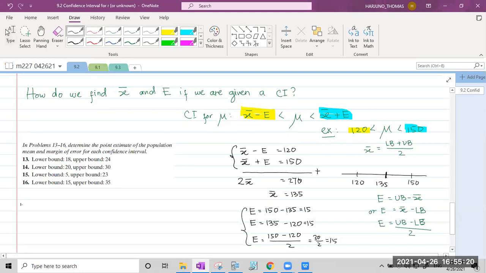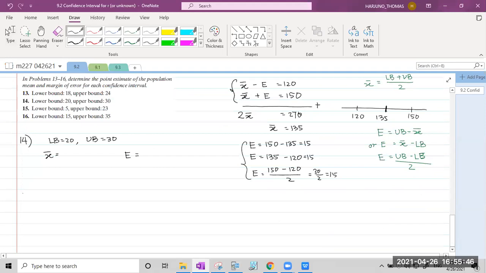Try to do number 14. So lower bound is 20, upper bound is 30. Find the best point estimate x bar and the margin of error E. Do that for number 14 and for number 16.